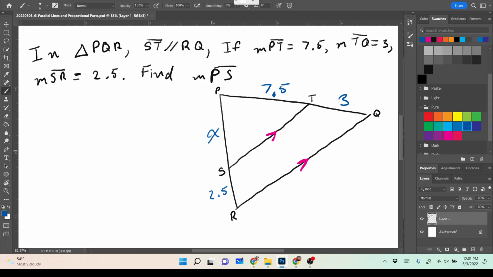X over 2.5 equals 7.5 over 3. And then we're going to solve the thing. So x times 3 is 3x. 2.5 times 7.5 is what?